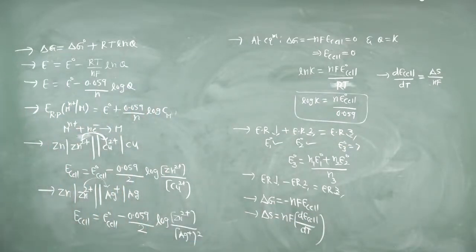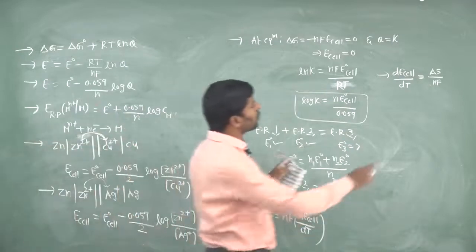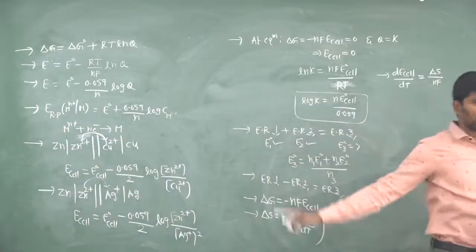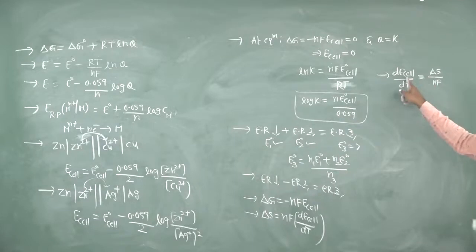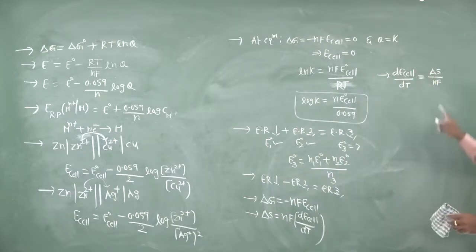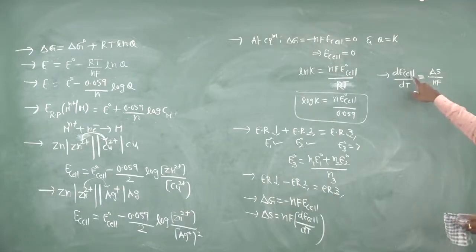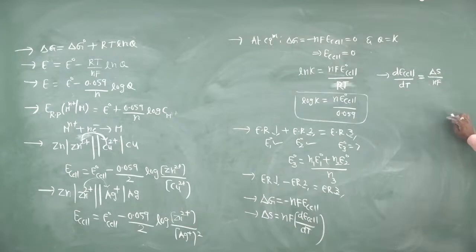If delta S is positive, cell potential increases with temperature. If delta S is negative, cell potential decreases with temperature.